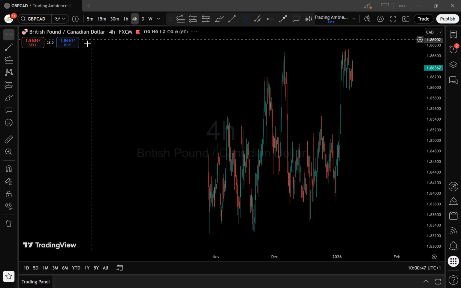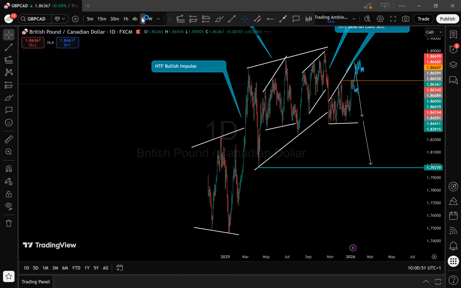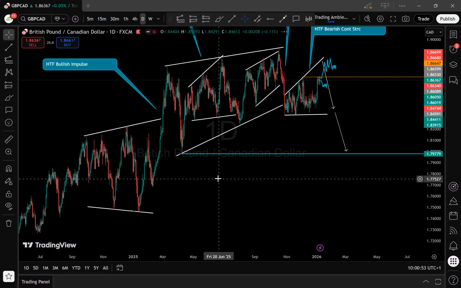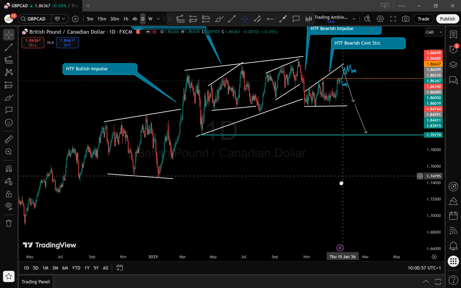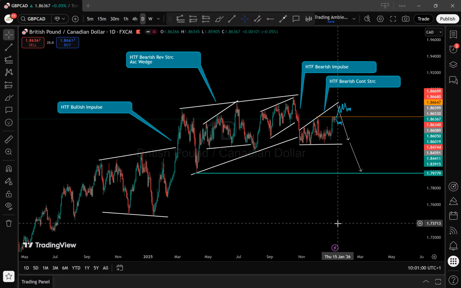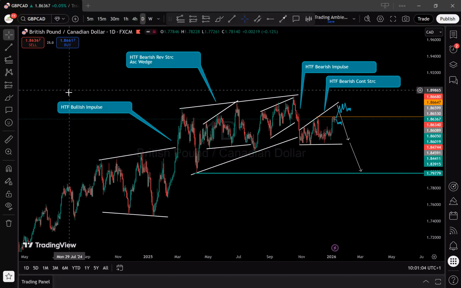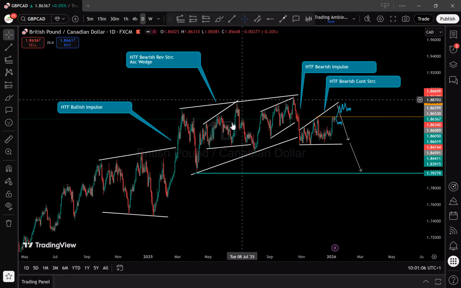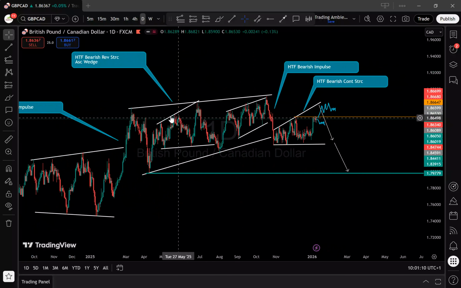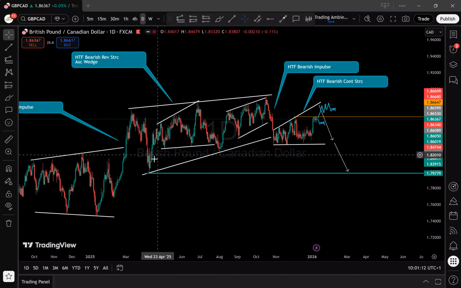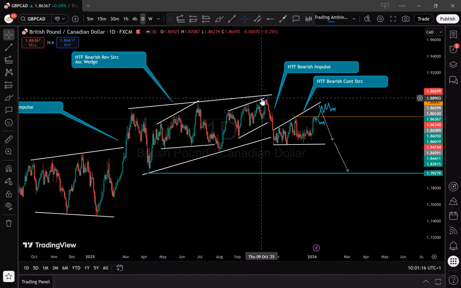So the next pair to check out is GBP CAD. We talked about it last week. We have been monitoring this pair for a short trade. On GBP CAD, we have this bullish impulse, bearish reversal structure, this ascending wedge, and within this ascending wedge we have multiple bearish price actions: bullish impulse, bearish reversal, bullish impulse, bearish reversal.